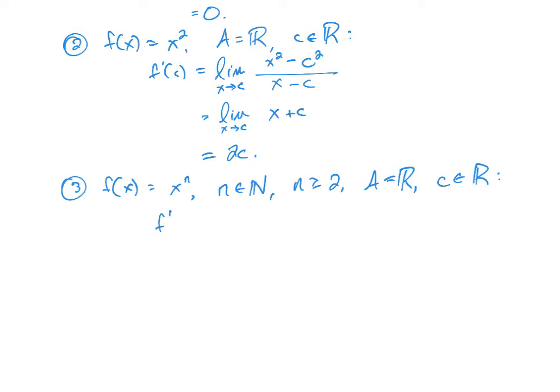And we go and we compute the derivative. And we end up with x to the n minus c to the n divided by x minus c. Can anybody simplify that fraction?